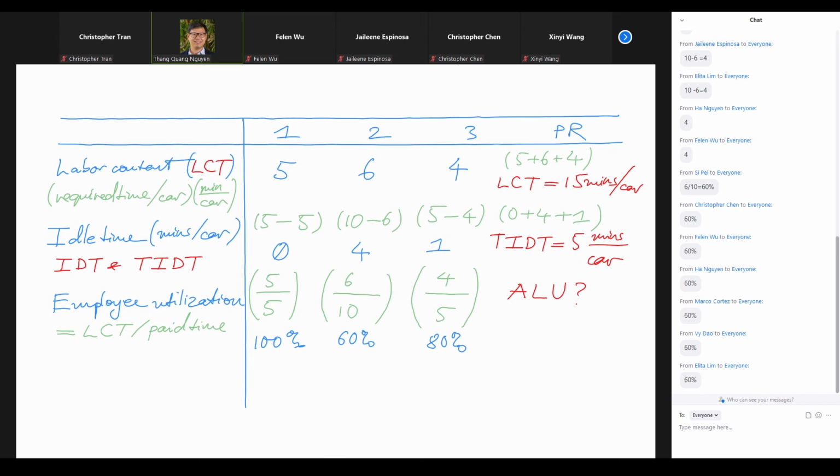This part of this row has individual numbers, but the last number is called the average labor utilization, or ALU.